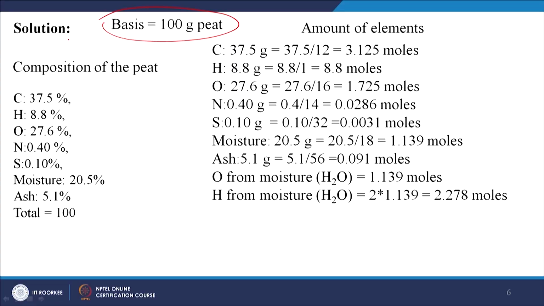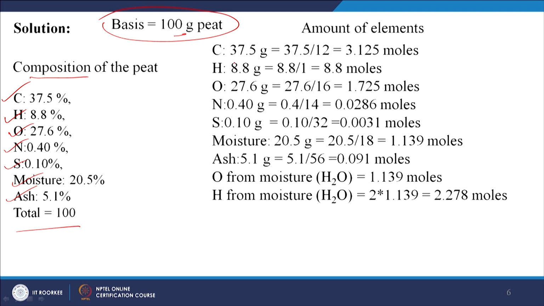Now, let us take a basis of 100 gram of peat. As per the statement, we have the composition of the peat: carbon is 37.5%, hydrogen is 8.8%, oxygen is 27.6%, nitrogen 0.40%, sulfur 0.10%, moisture 20.5%, ash 5.1%. So, in total we are getting 100%. What will be the amount of the elements present in 100 gram of peat?